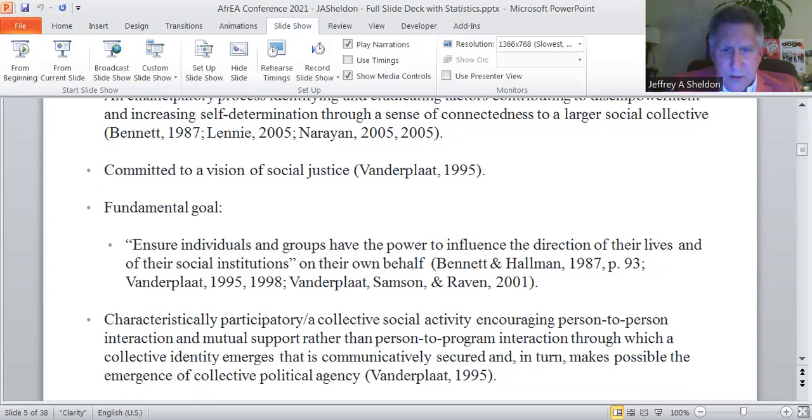it's a participatory, collective activity which encourages, remember I said this is very interactional, very intersubjective, person-to-person interaction and fosters a sense of mutual support, rather than a program that doesn't foster this sense of support, this sense of collective identity.